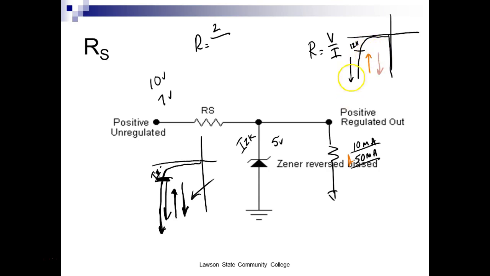We're trying to make our Zener current move in this direction right there. So this is load current right here. So if load current goes down, Zener current goes what?